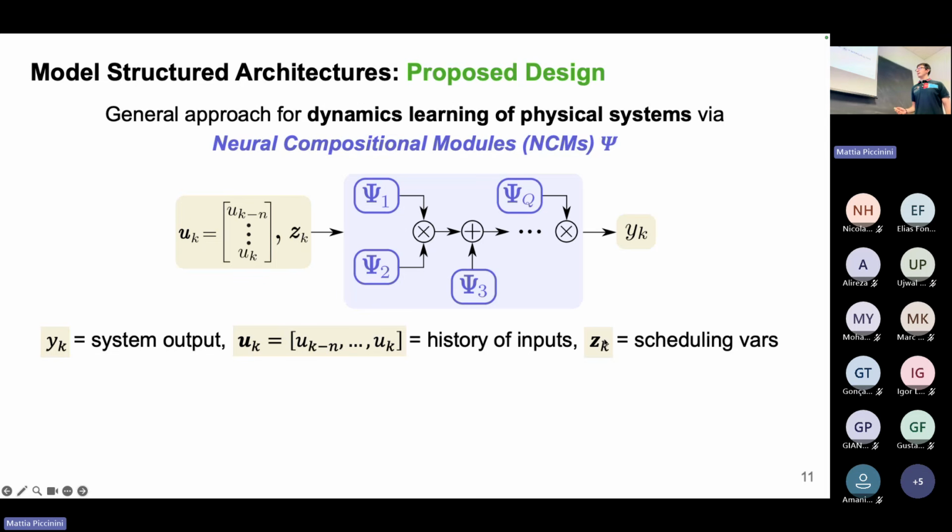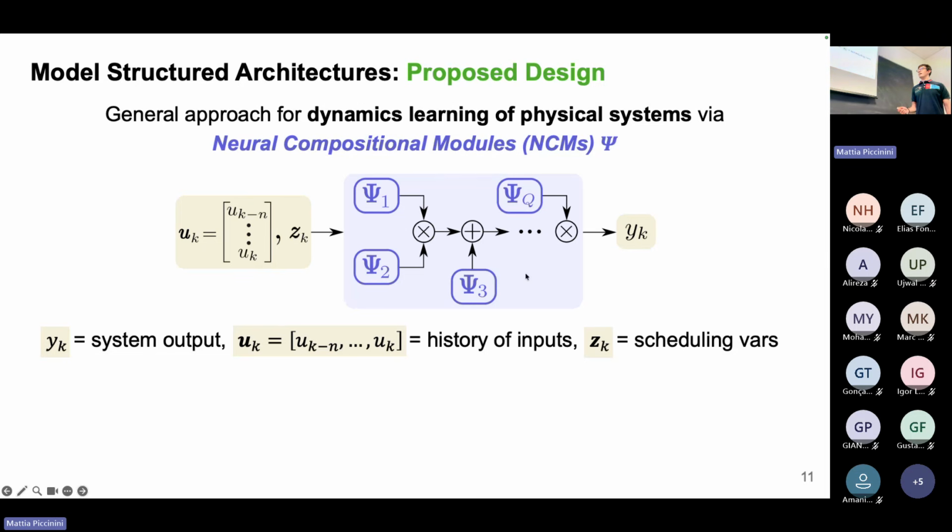We can have some scheduling variables, z_k, that tell us how the dynamics changes as a function of these scheduling variables. And the output is simply y_k at the current time step. So it's the description of a discrete-time dynamical system.